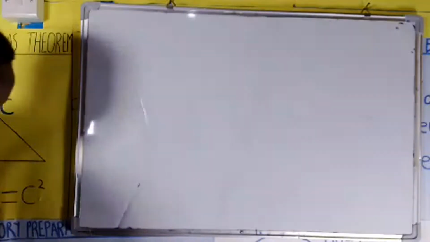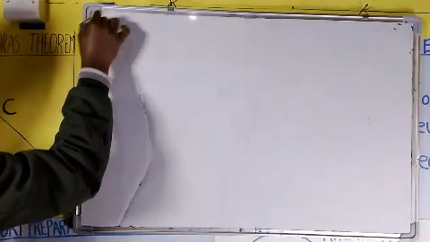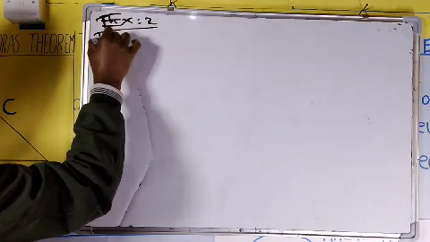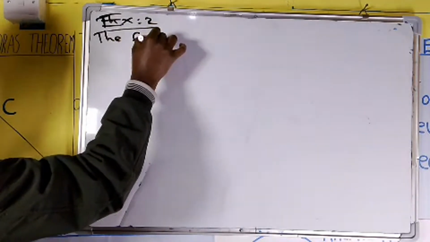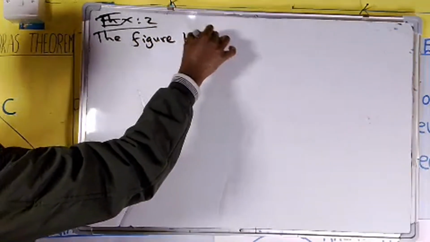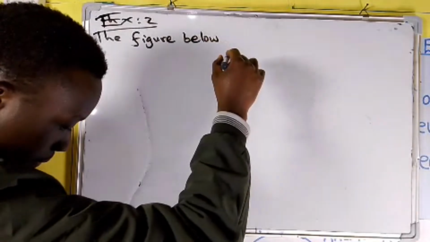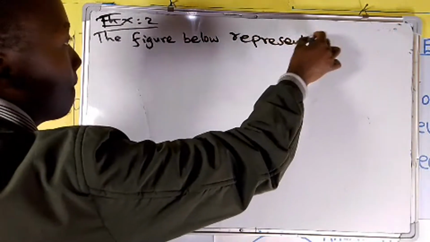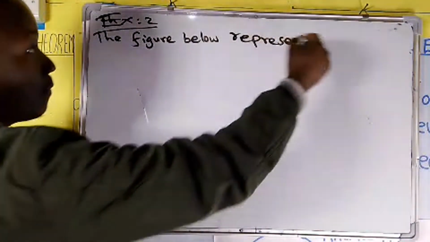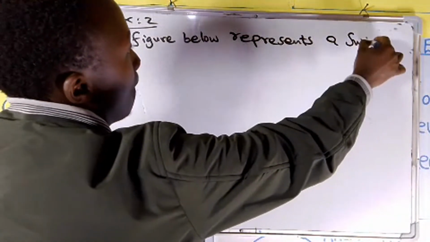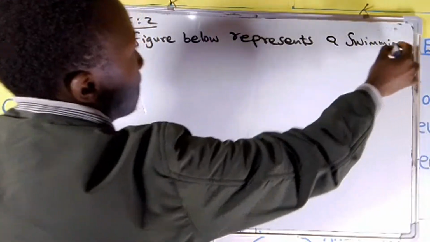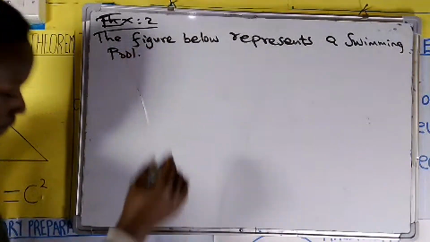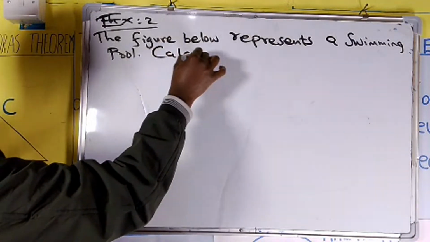The question reads, this is now example 2. The figure below represents a swimming pool. Calculate.